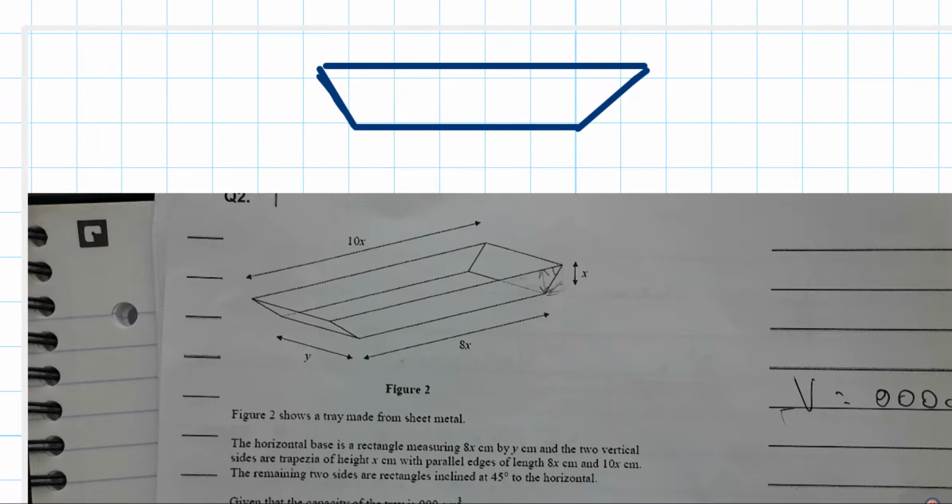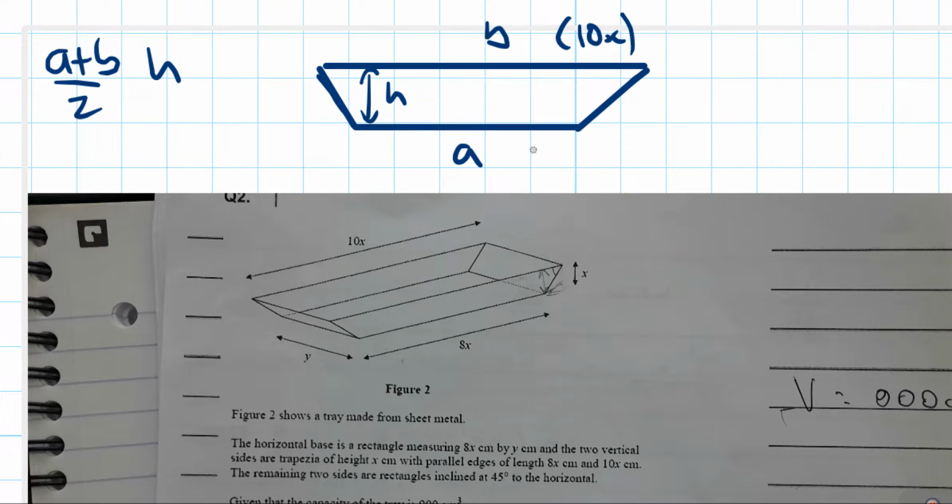Now the general formula for a trapezia is a plus b over 2 times h, where a and b are the parallel sides and h is the height of the trapezia. b is going to be 10x, a is going to be 8x, and the height is just going to be x.